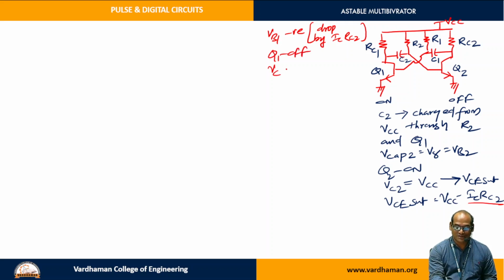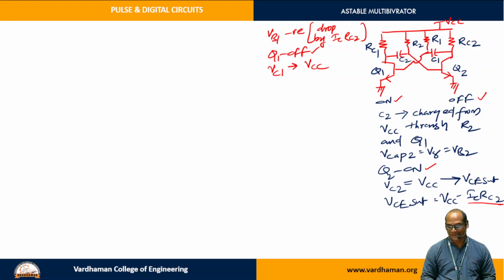When Q1 is off, VC1 will become VCC, because for the off transistor we know the collector voltage in this particular circuit will become VCC. So that is what we have seen. Initially we had taken Q1 in the on state and Q2 in the off state. Now we got Q2 in the on state and Q1 in the off state.